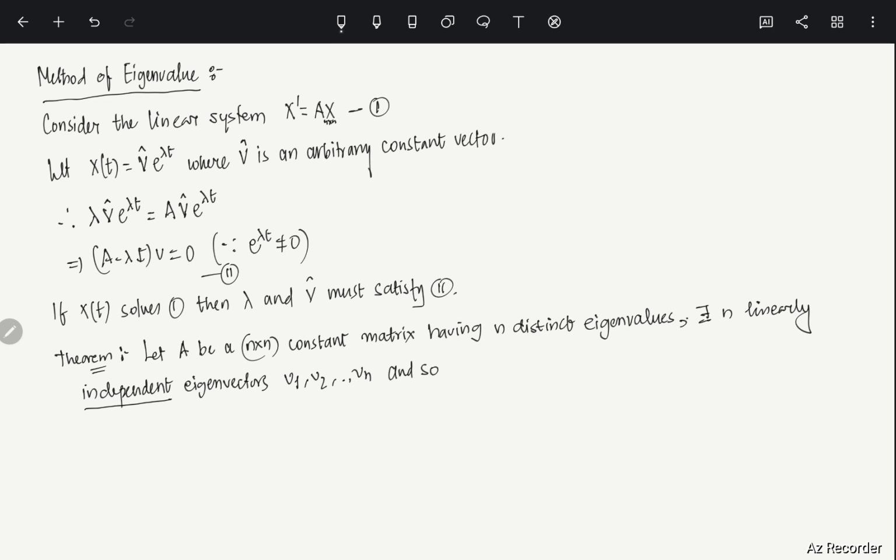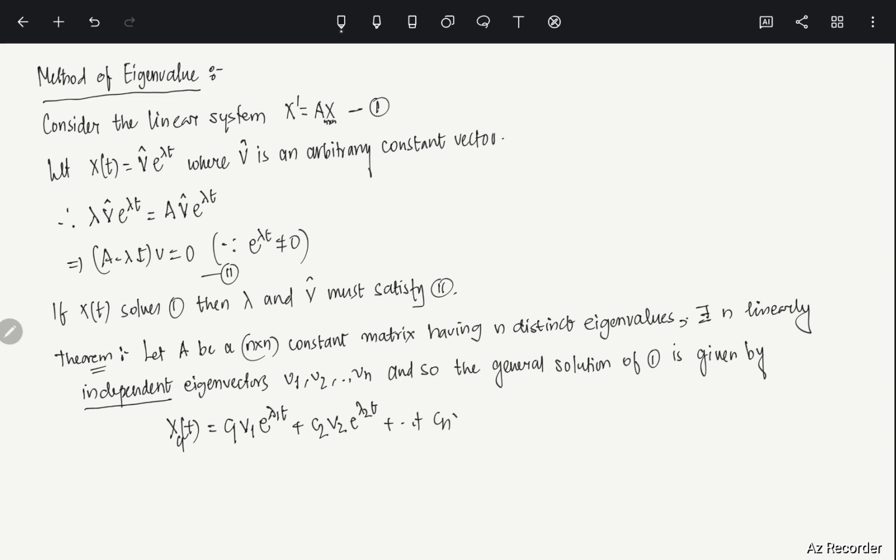So what we can say is that the general solution of 1, xg, is given by c1 times v1 e power lambda 1 t, plus c2 times v2 e power lambda 2 t, plus cn times vn e power lambda n t.